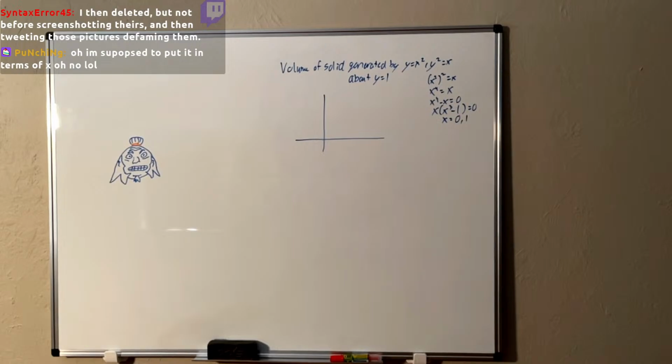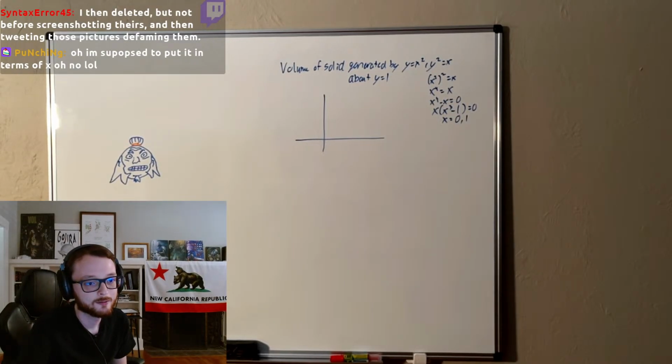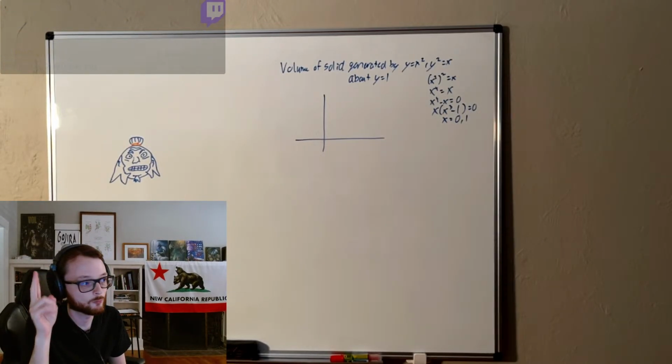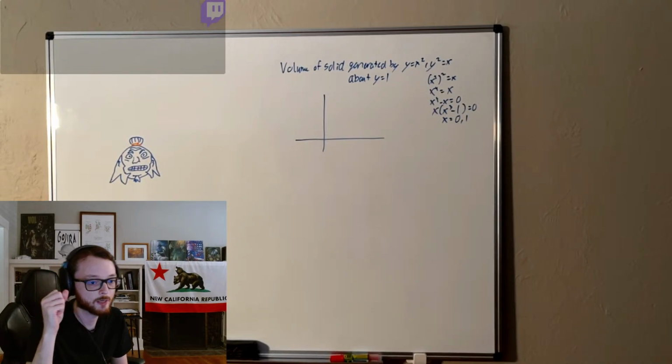Let's put it in terms of x. Yes, we do want it in terms of x because we're going to be rotating around. Well, I'm thinking that we're going to need to use rings here, and we're going to need to rotate about y equals 1. So because of those two things, we're going to want everything in terms of x.